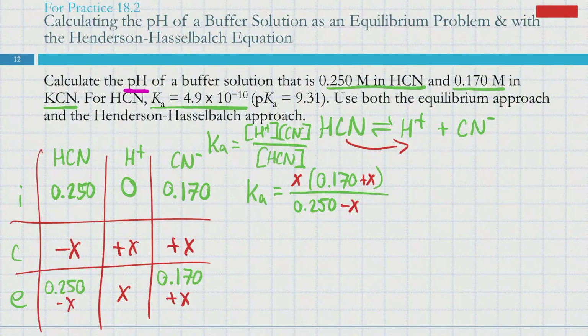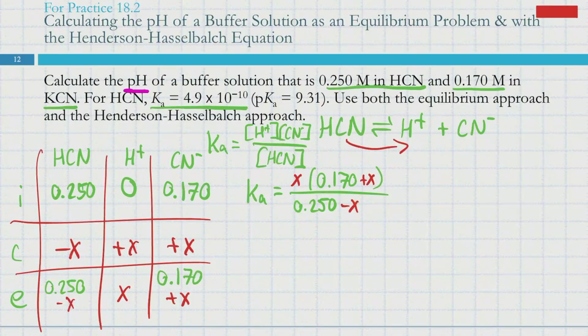And we could definitely do x is small here. We've got a Ka of 10 to the minus 10, and our concentrations are upwards of 10 to the minus 1. But we saw with our Henderson-Hasselbalch derivation earlier that when x is small, that works, and it's exactly the same thing. So there's no point in showing you that, I feel like. So we're going to just go ahead and do the full quadratic. You're welcome to just not participate and watch if you want.